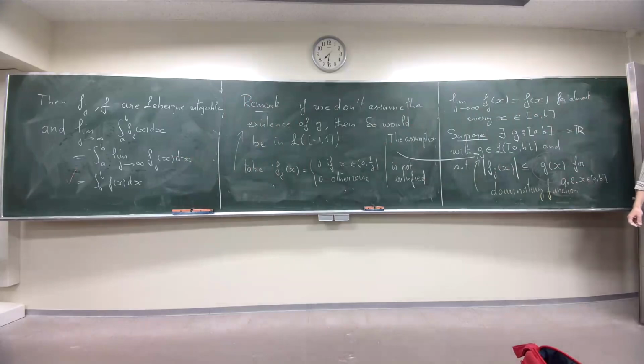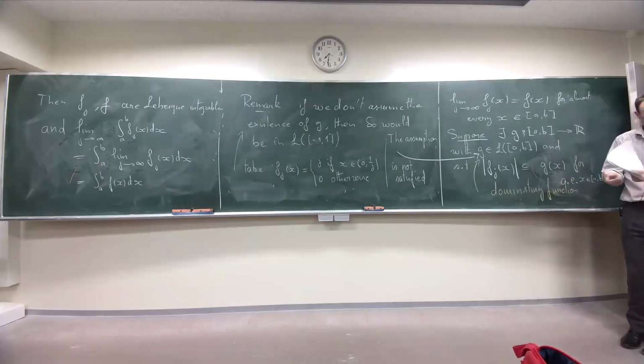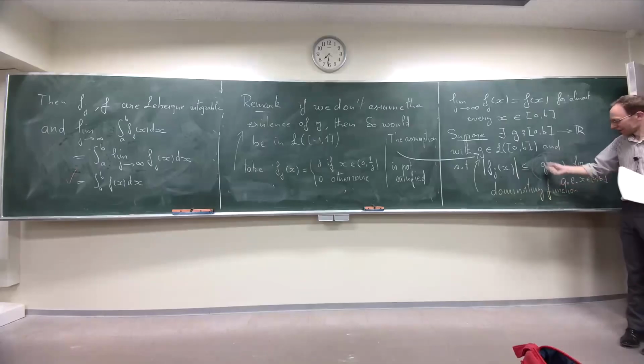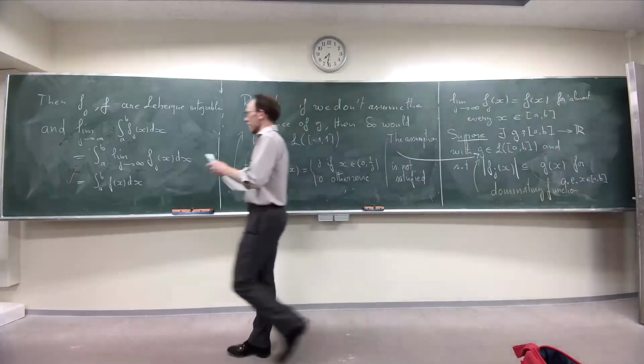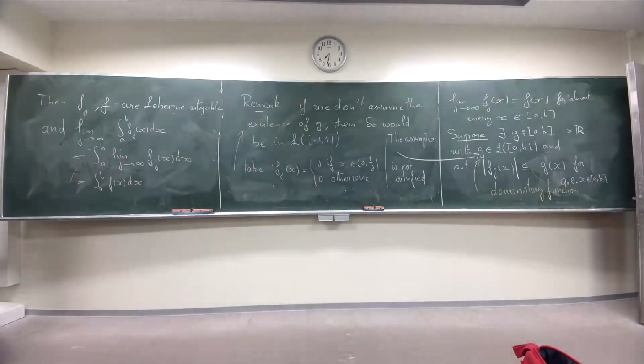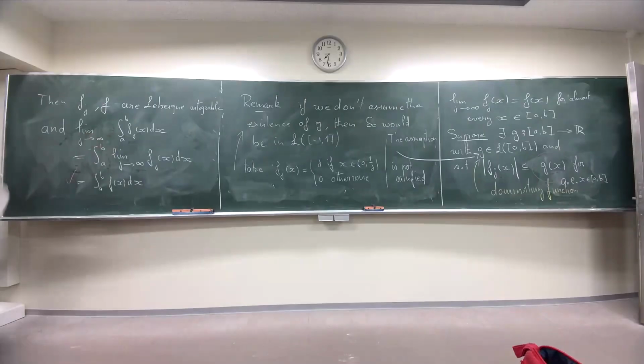In calculus, your teacher should tell you that you can do it, but he will not mention all this. But in the example where he's using it, there exists such a G. All right, that's all for the dominated convergence theorem. Again, you need to satisfy these assumptions.